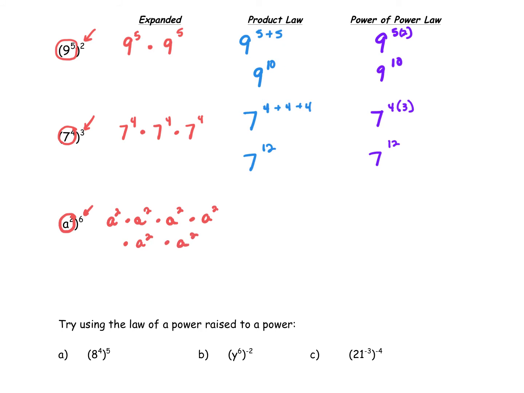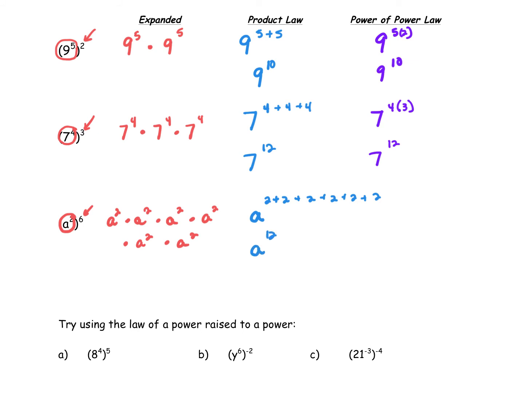Now that that's expanded, I can use the product law, which says I'm going to keep the base and I'm going to add all the exponents. If I see multiplication, I do addition. So let's count: 1, 2, 3, 4, 5, 6. Exactly right. And if I added those all up, I get a to the 12th power.